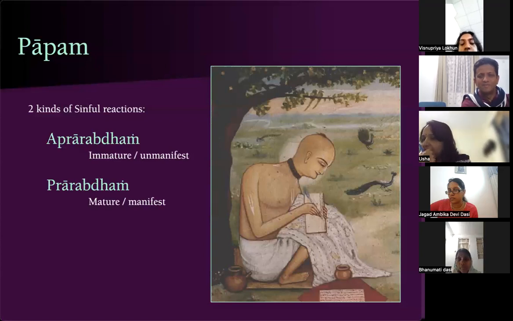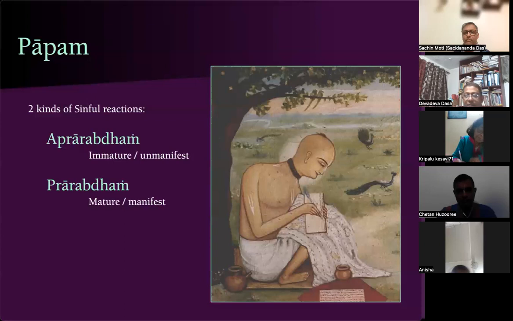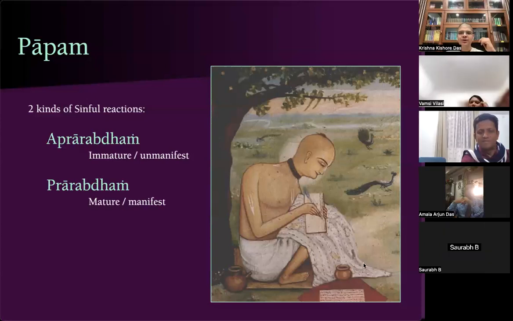Prarabdha, immediate. You have done something, the reaction is manifest. But suppose you have stolen money from somebody's house, and till you are not caught, the reaction is aprarabdha. It's not manifest. Once you are caught, then you will be punished. So delayed karma is aprarabdha.